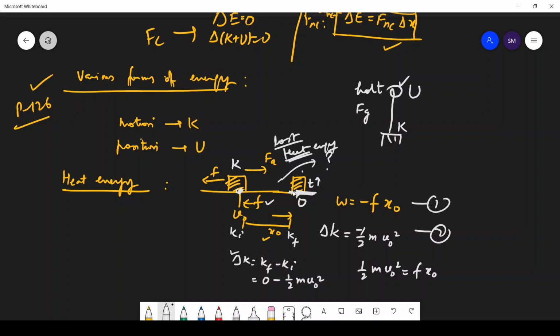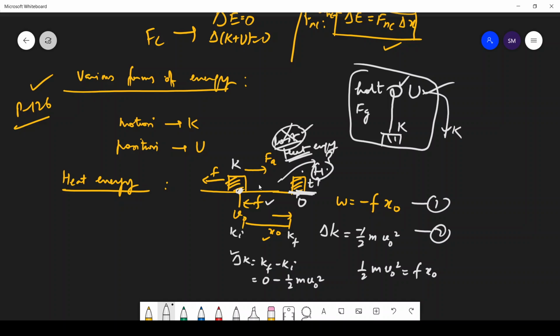So the work done by friction is lost only in the sense that I can't do any more work with it, but actually energy can never be destroyed. It is not lost, but it is transformed from one form to another. So it is transformed into heat energy. Students, in the case of conservative forces, kinetic energy was converted into potential and potential converted into kinetic.